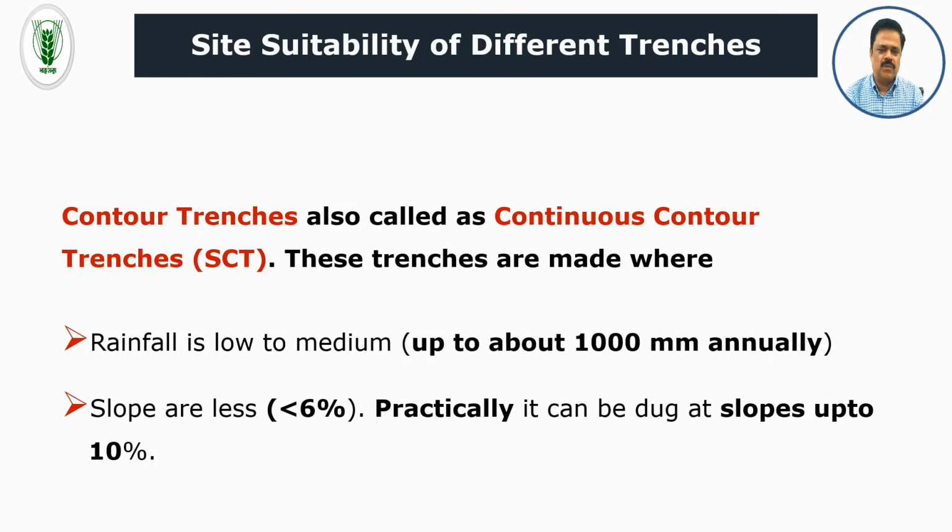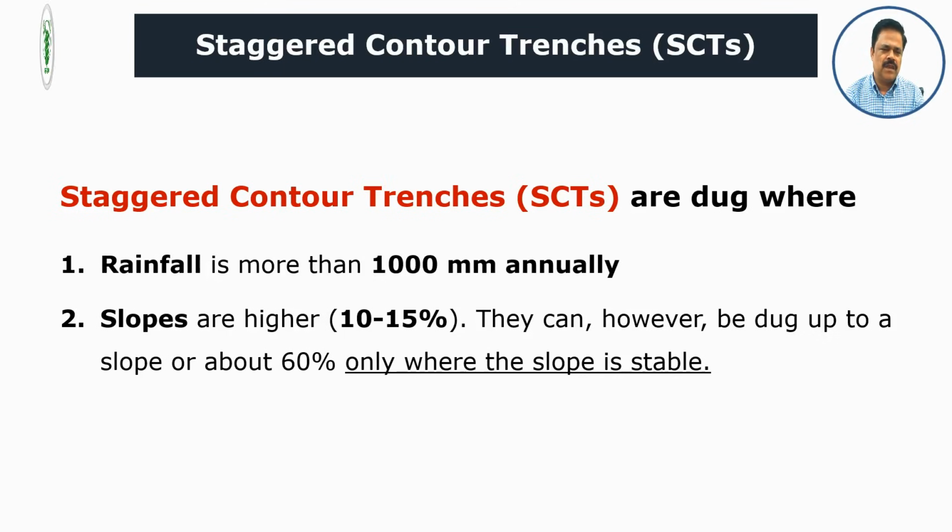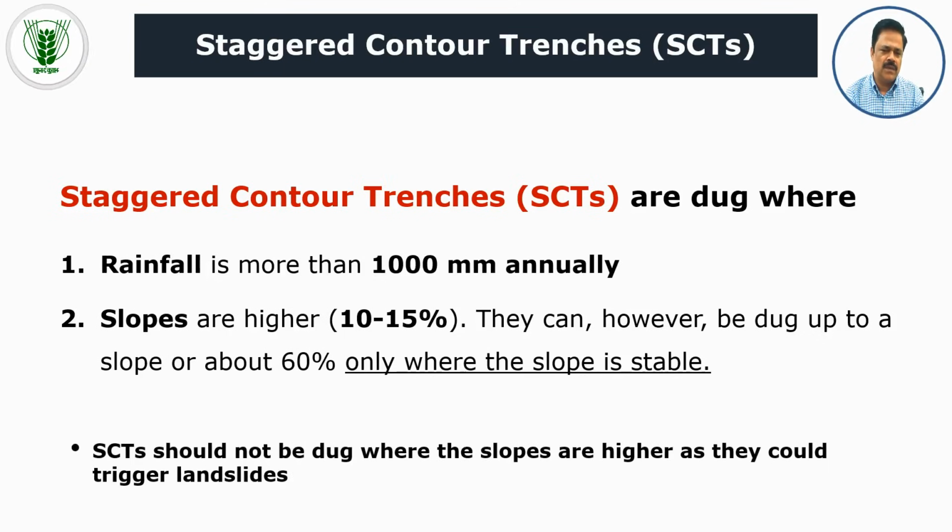Practically, it can be dug up to 10%. In case of staggered contour trenches, the rainfall is more than 1000 mm annually, and slopes are higher, maybe 10 to 50%. They can, however, be dug up to a slope of about 60%, only where the slope is stable. Staggered contour trenches should not be dug where the slopes are higher as they get triggered.